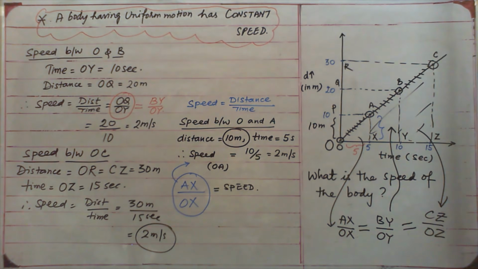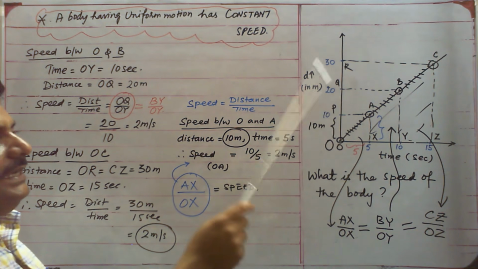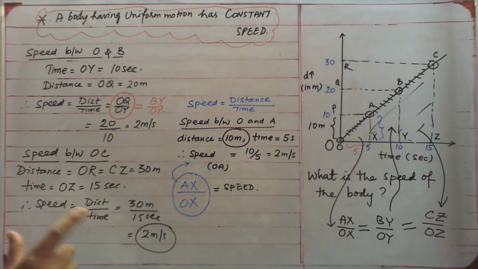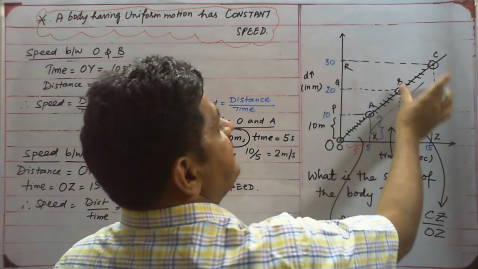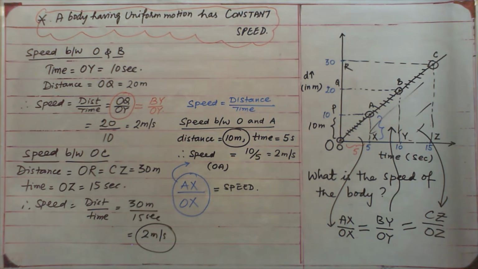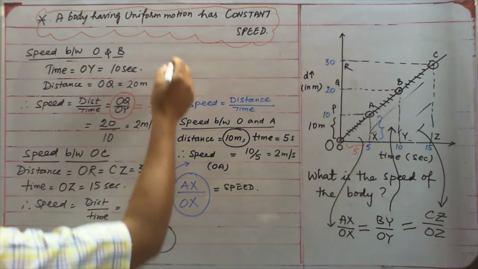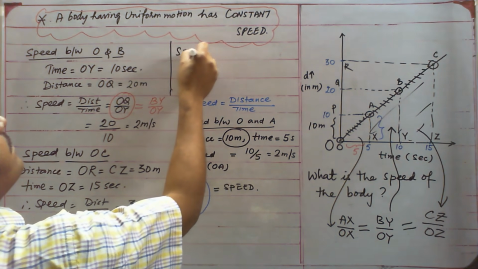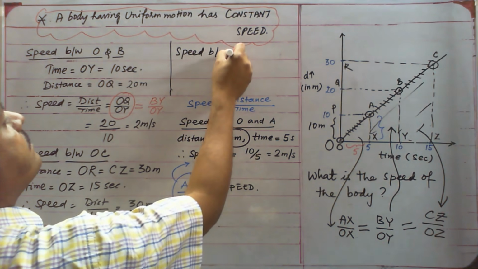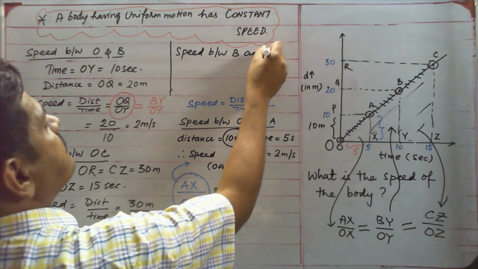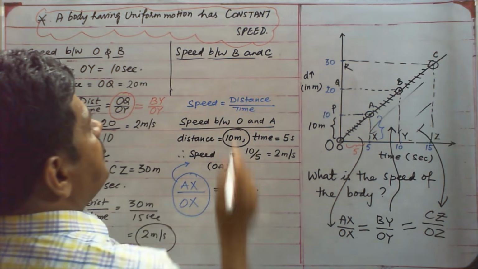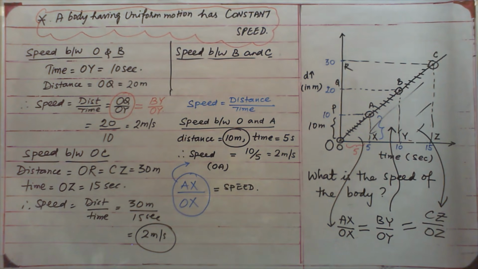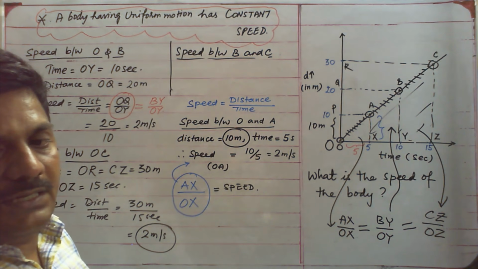Now in the same graph, if I want to find out the speed between B and C, how to find out? Let us take the case now, speed between B and C. Please look at the graph.